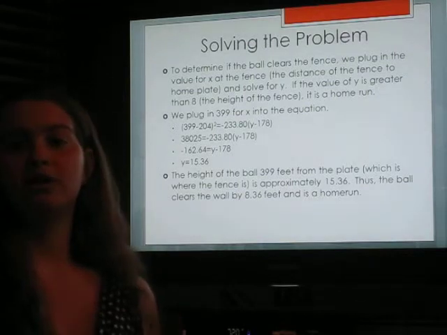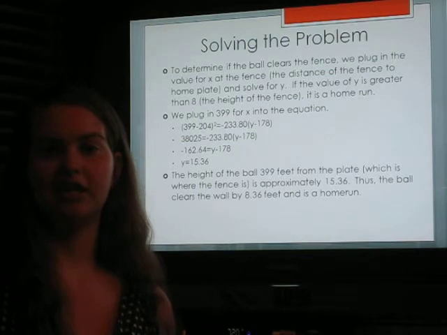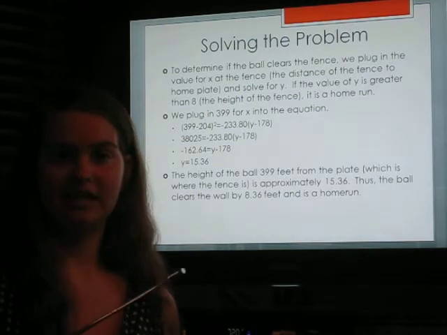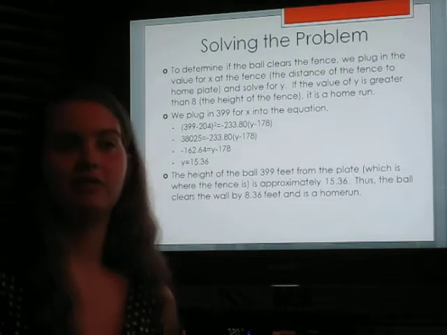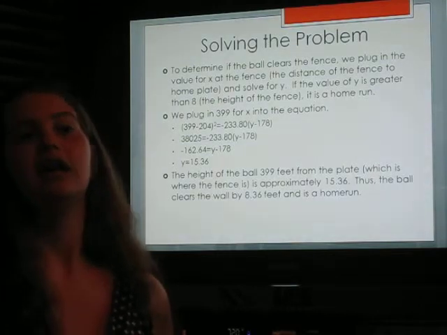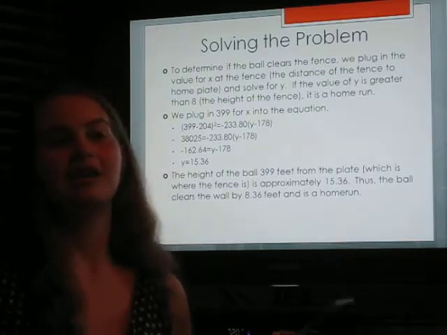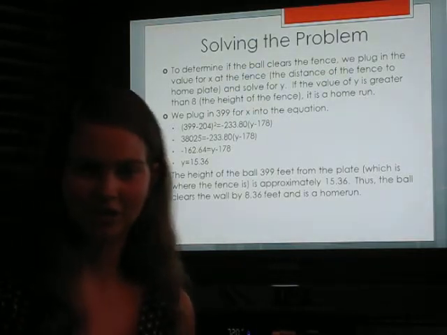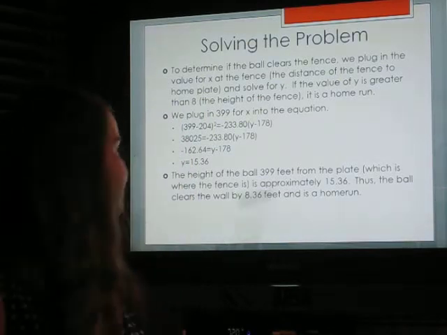And if the ball is above 8, that means it would have cleared the fence, and if it's less than 8, it means that it wouldn't clear the fence. And of course, if it's a negative number, that means that by the time it's reached the fence, it's already bounced. Now obviously baseballs aren't actually going to go underground, they're going to hit the ground and bounce off.